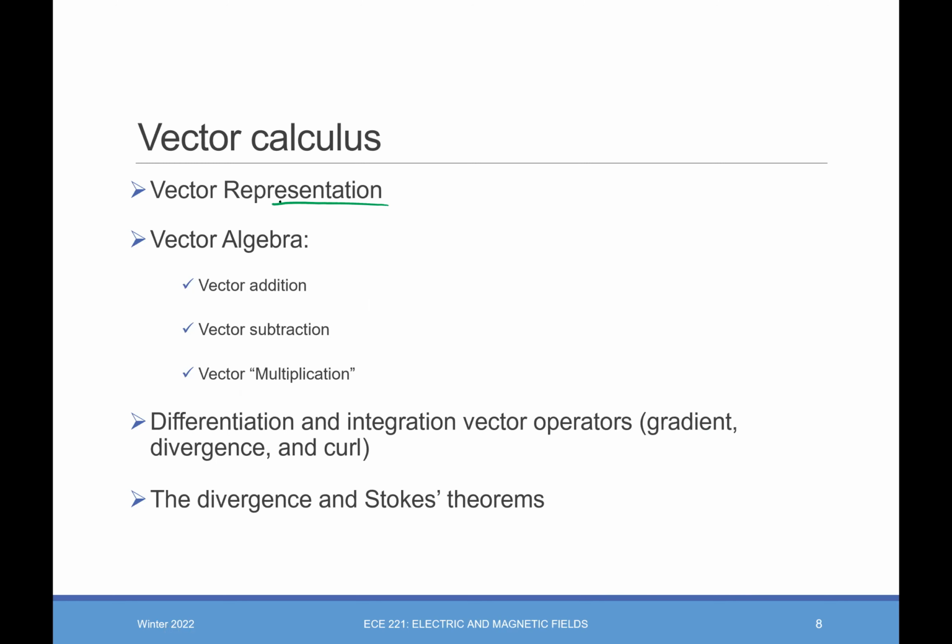Now, in order to talk about vectors, define them and show them, and even define a point in space, which is what we're really interested in because we are studying fields here, we need some coordinate system. We need some tool to define these points and vectors in it.